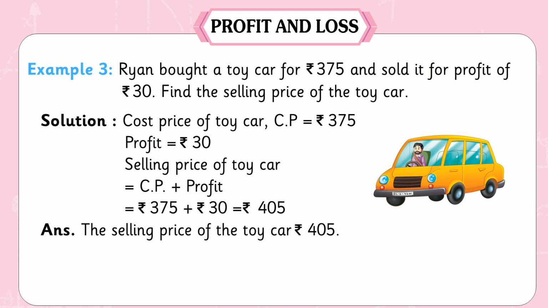Profit is equal to rupees 30. Selling price of toy car is equal to CP plus profit, which is rupees 375 plus rupees 30, equal to rupees 405. Answer. The selling price of the toy car is rupees 405.